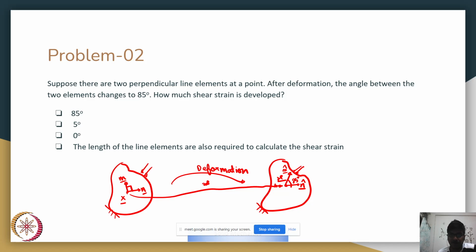So the amount of shear strain developed here would be 5 degrees. Shear strain would refer to shear strain between two perpendicular directions n and m. So n is perpendicular to m, and it would be the change in angle between n and m.